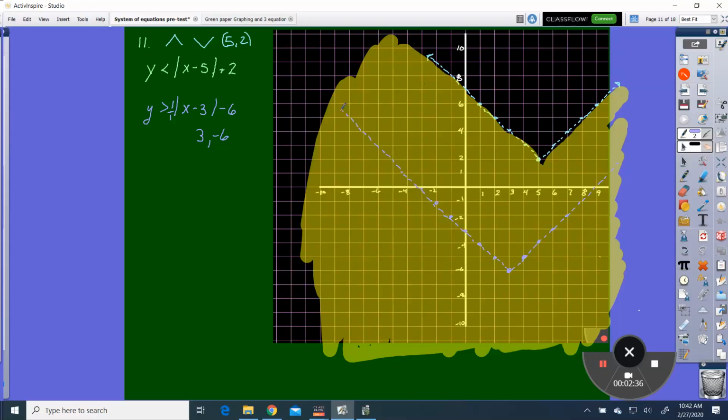So anyways, draw this graph. There it is. It's a dotted line as well. And it says greater than, so it's shaded above. Okay, so it's shaded above that.